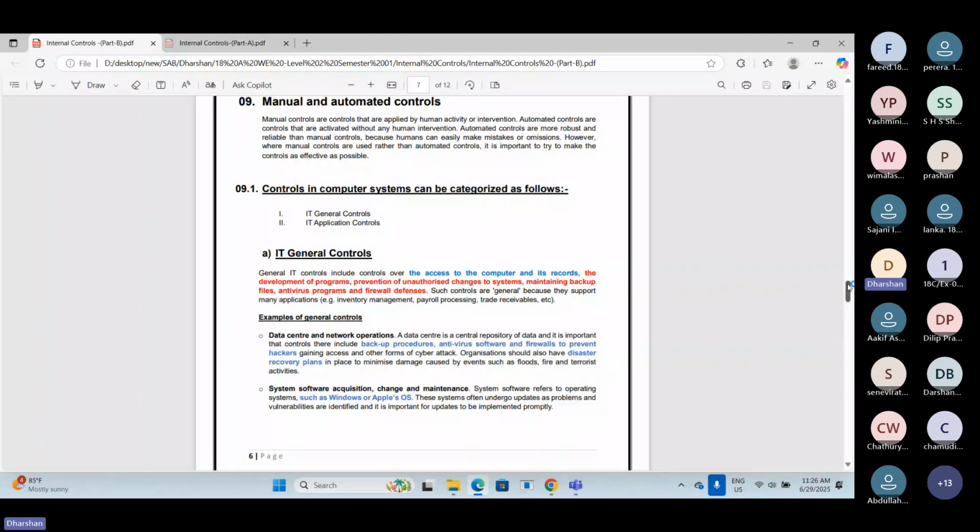These activities are not related to only a certain specific application. These controls, which I have highlighted in red with some examples, are general controls. They are applicable irrespective of a specific process. They are applicable to the entire process of the organization.